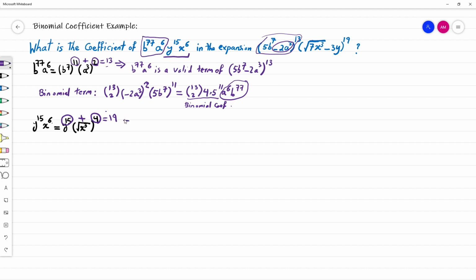So this means y to the 15 x to the power 6 is also a valid term of this binomial expansion, the second one, square root of 7x cubed minus 3y to the power 19. So it's a valid term, and because it's a valid term, then we can figure out the binomial coefficient and binomial term.